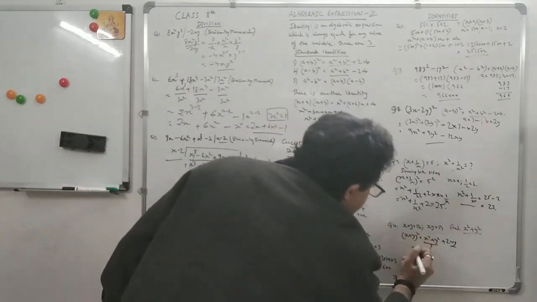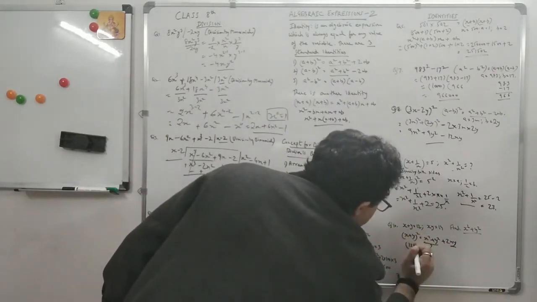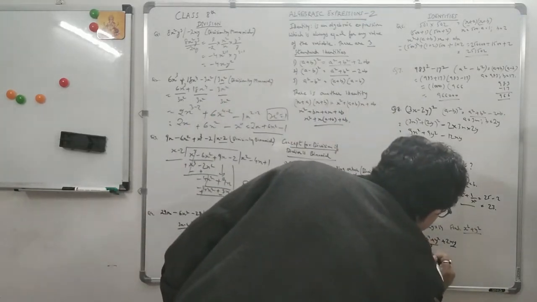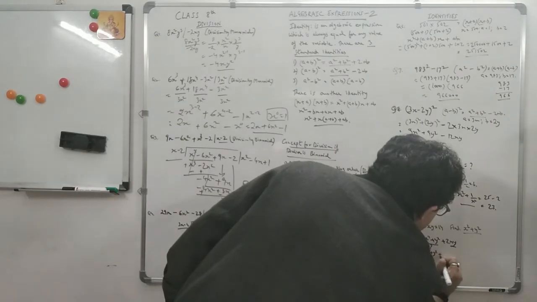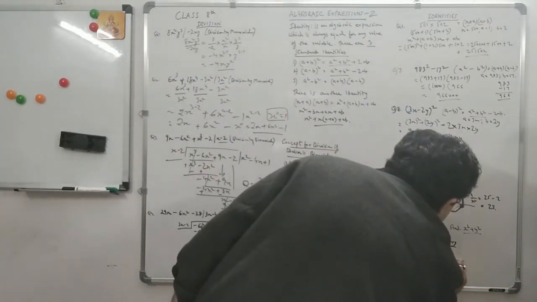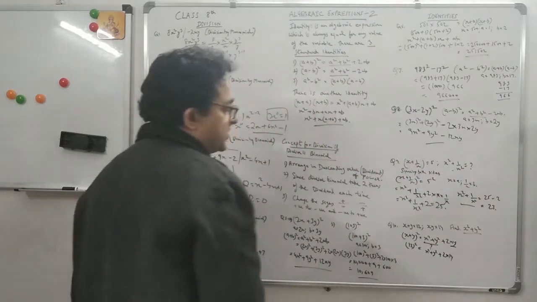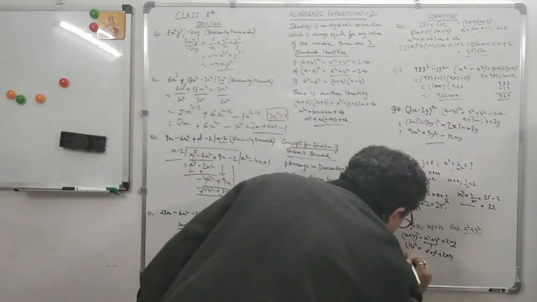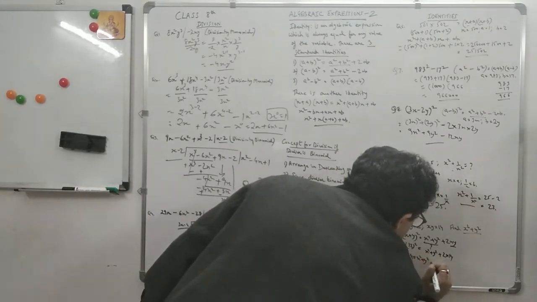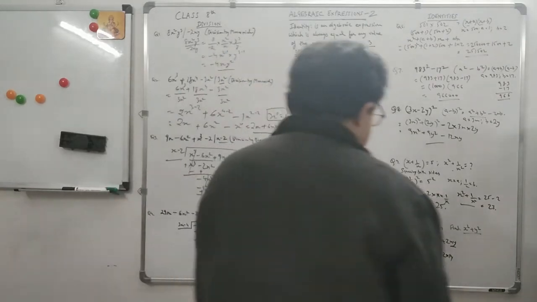x plus y is 12, so 12 square is equal to x square plus y square, we want this only, plus 2 into xy. xy is 14 given. Okay, just replacing the values. So 144 is equal to x square plus y square plus 28. Right.